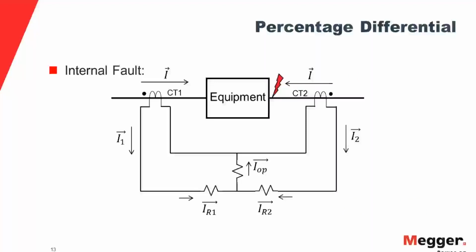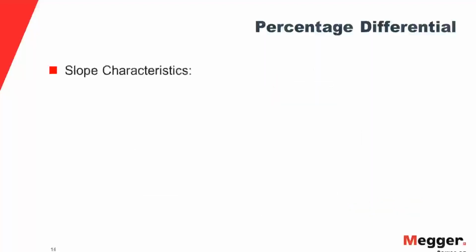So typically for an external fault, you would expect the differential protection should not pick up because the strength of the restraint current is far greater than the operating current. On the other hand, when there is an internal fault within that protected zone, then the system is going to feed the fault.